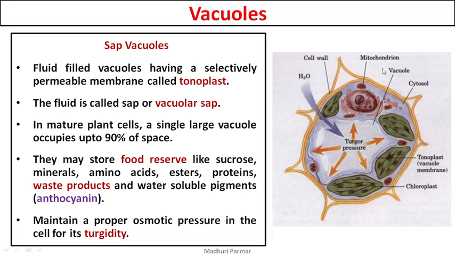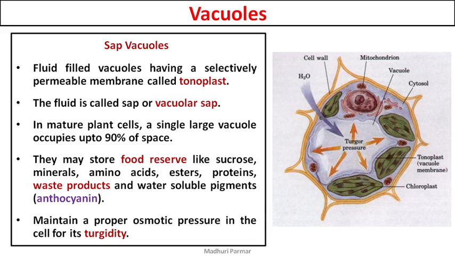First the water moves out from cytoplasm, and then the vacuole will also start shrinking. The water from the vacuole will also start going out of the cell, and then you call it incipient plasmolysis.